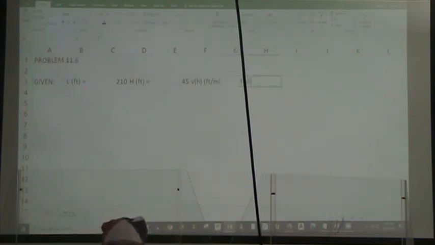Horizontal, vertical speeds, 350. And vertical also in feet per minute equals 55 feet per minute.